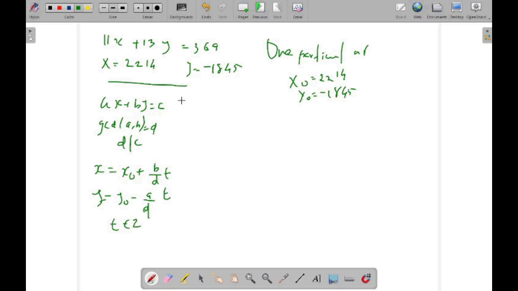Okay, this is the case. And we need some positive values of x and y. Then we will proceed like this. We have to find some value for t which will give positive values for x and y.